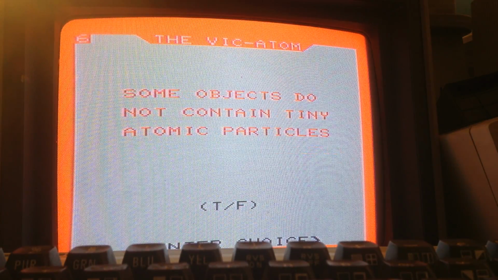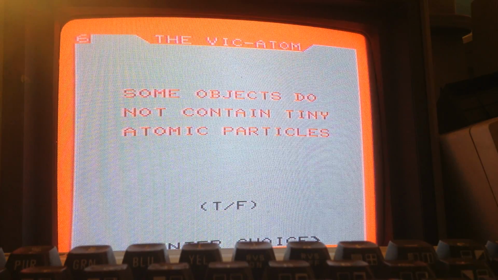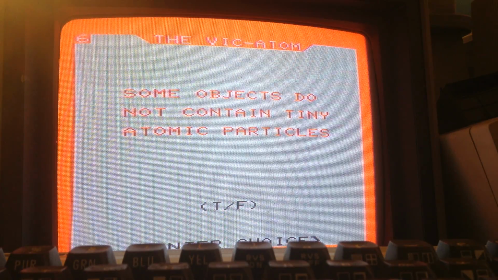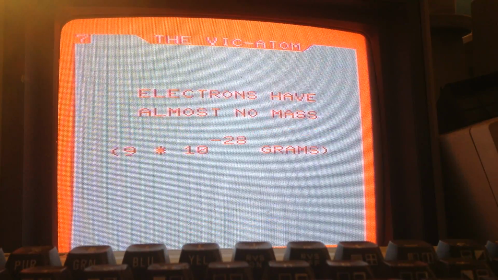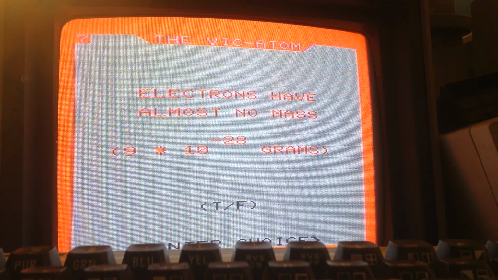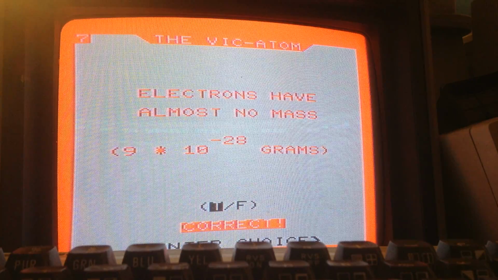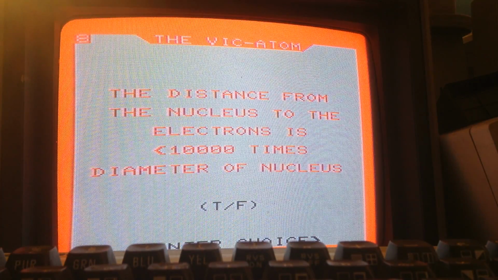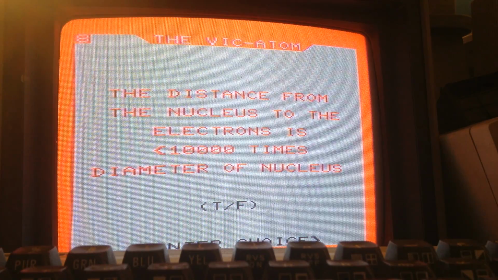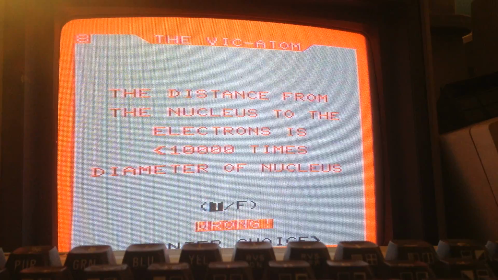Some objects do not contain tiny atomic particles. I think that is false. Electrons have almost no mass. True. The distance from the nucleus to the electrons is less than 10,000 times. Let's say true.